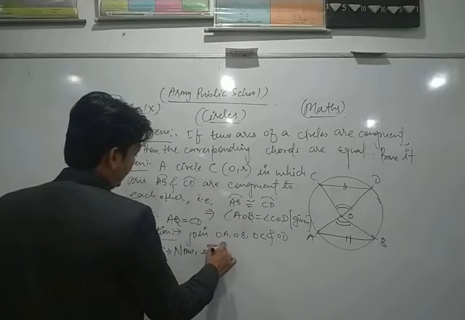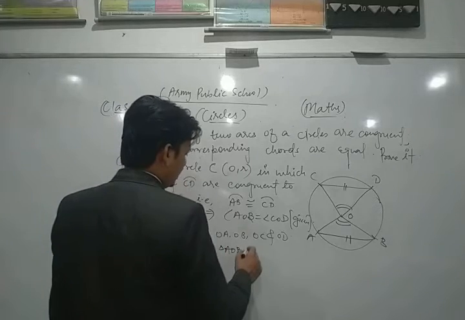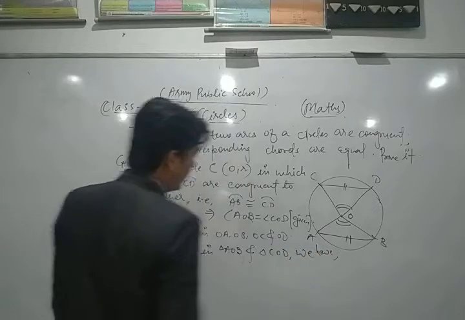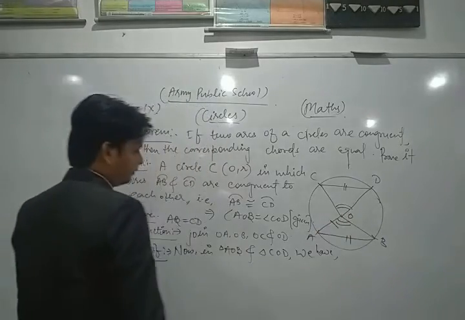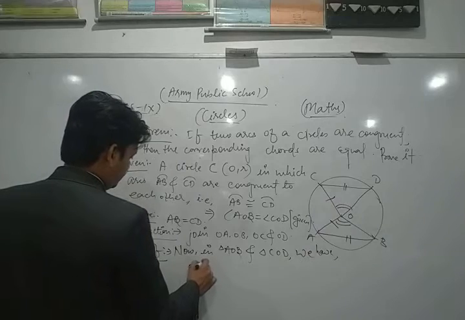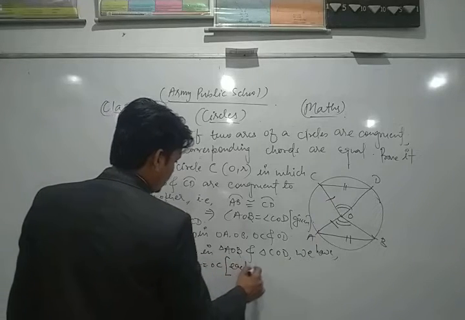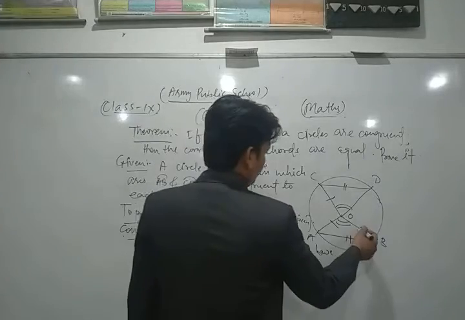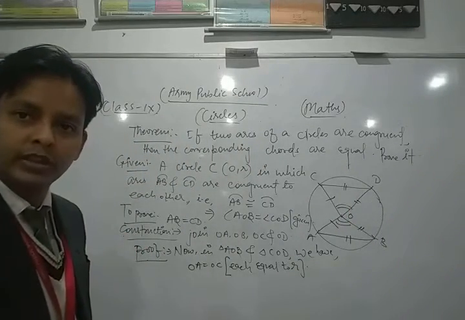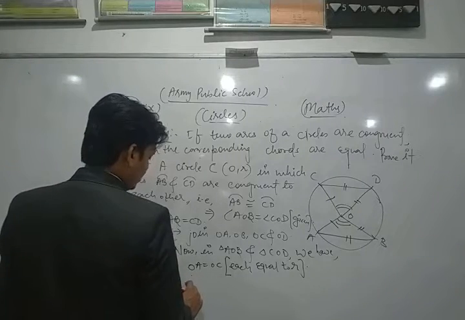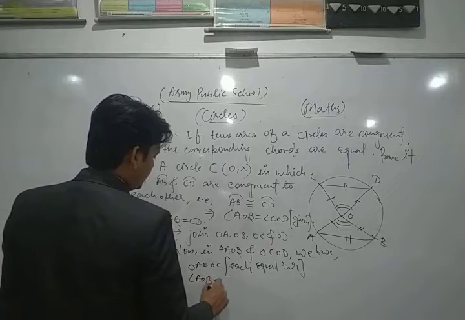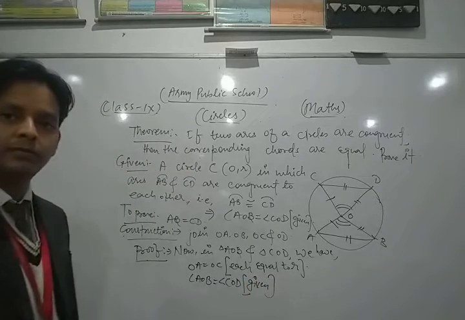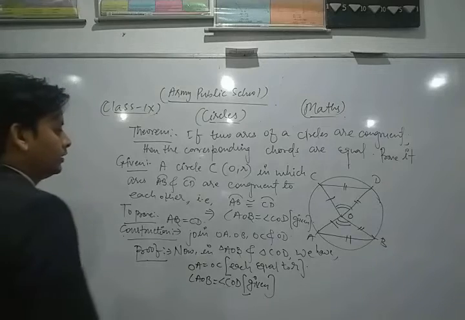In triangles OAB and COD, we have OA equal to OC, each equal to R. OB is equal to OD, also each equal to R. And angle AOB is equal to angle COD. This is given in our question.